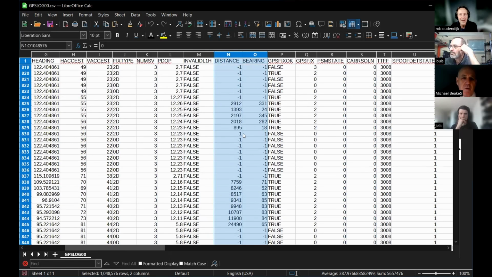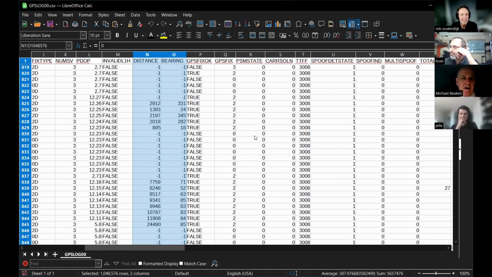So here's places where, whenever the distance and bearing are -1, it means that it dropped location valid in either the previous or the next one, so it can't calculate it.